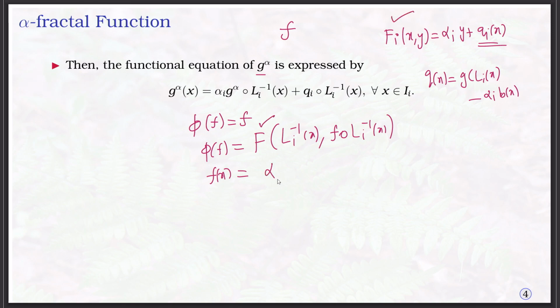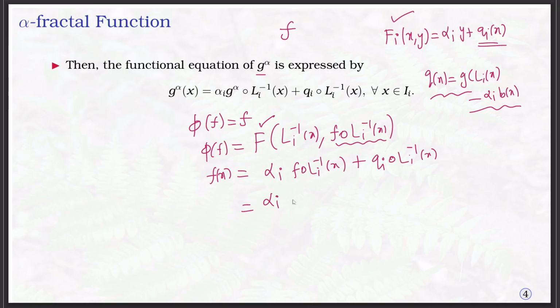Therefore alpha I times y times f composition Li inverse of x plus qi of Li inverse of x, that means q composition of Li inverse of x. Now you can replace q in the form of this one, then one can get alpha I f composition of Li inverse of x plus, instead of x you need to replace as Li inverse of x.